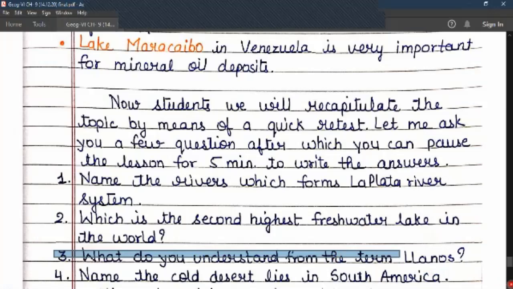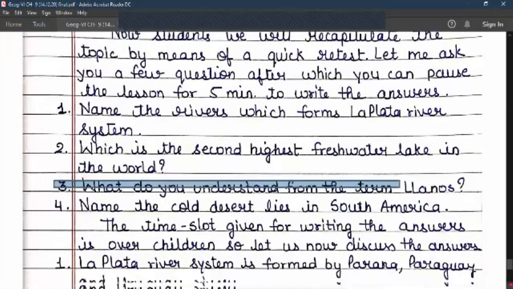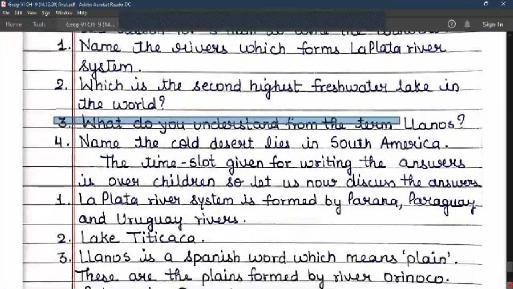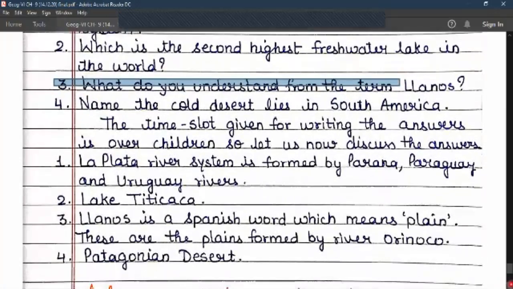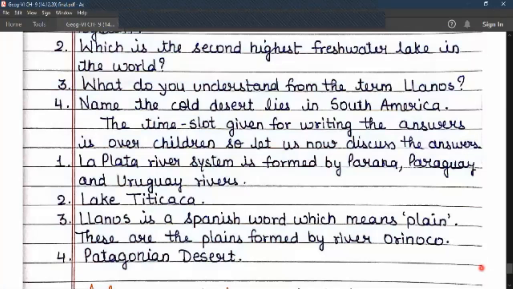Students, you may now pause the lesson for 5 minutes. The time slot given for writing the answers is over, children. So let us now discuss the answers.